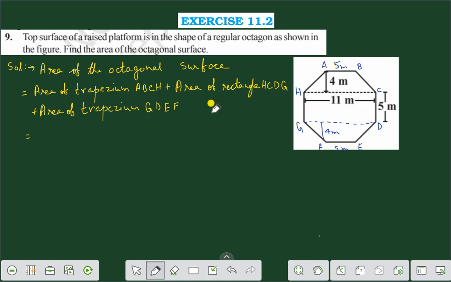Right? Now, area of the trapezium ABCH. Sum of parallel sides is 11 and 5. The height is 4 meter.